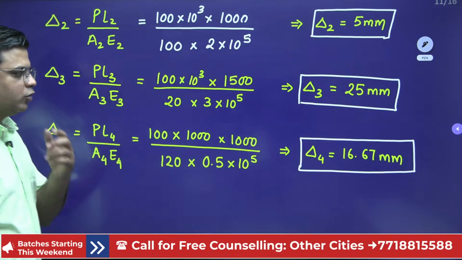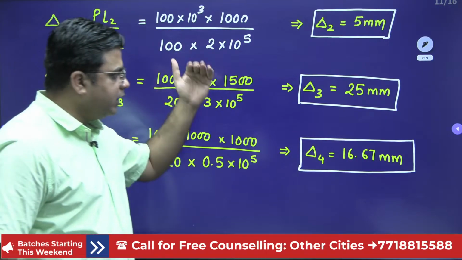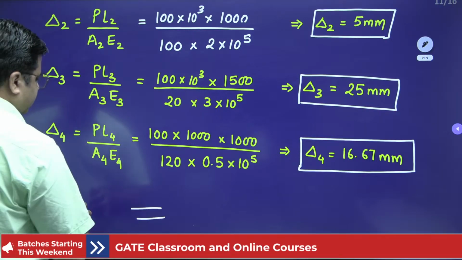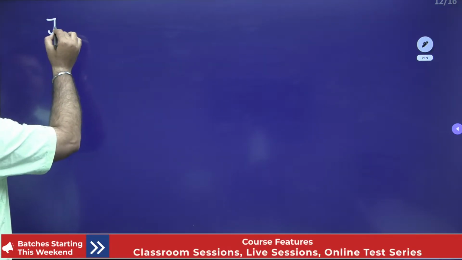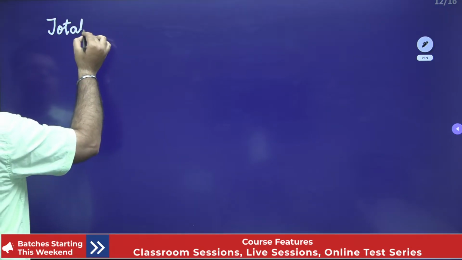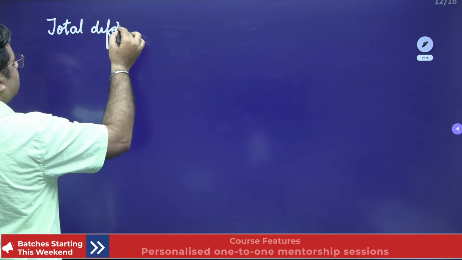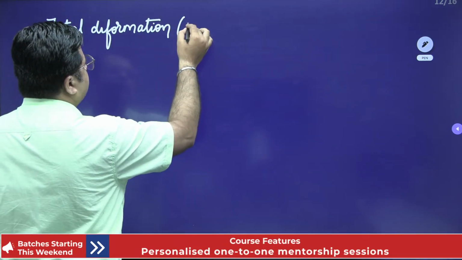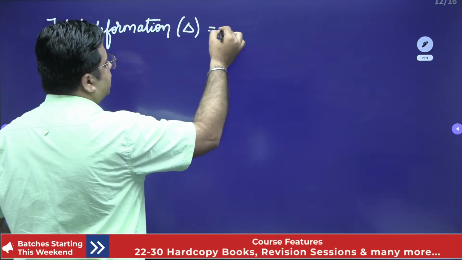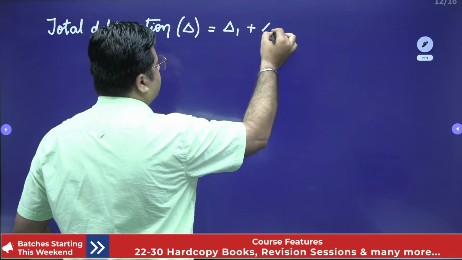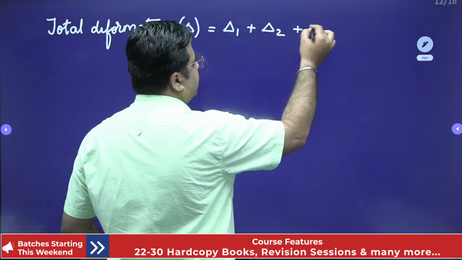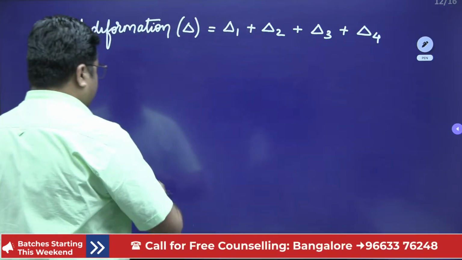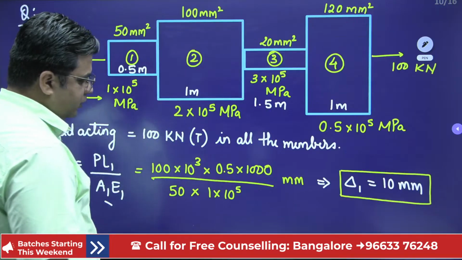So, in order to get the total deformation, we just have to add delta 1, delta 2, delta 3 and delta 4. So total deformation delta is equal to delta 1 plus delta 2 plus delta 3 plus delta 4.